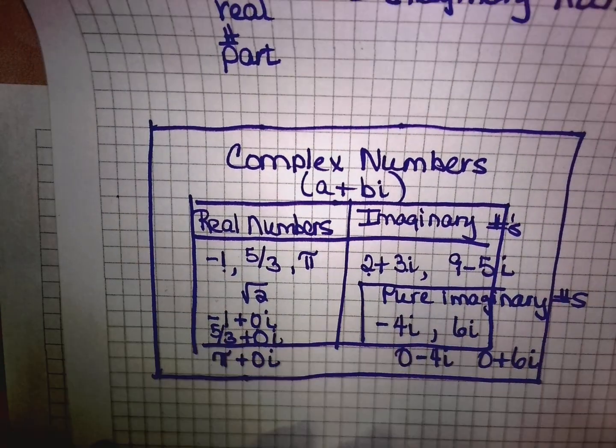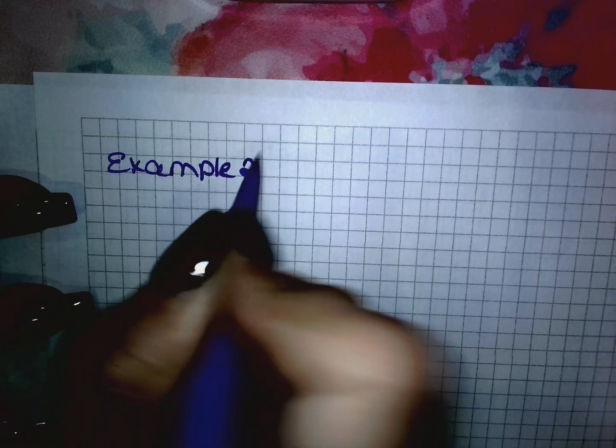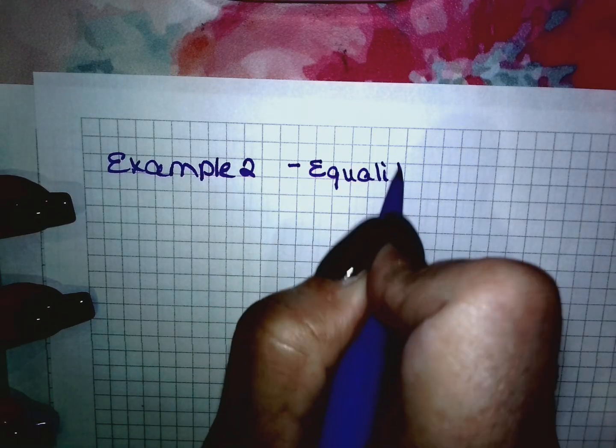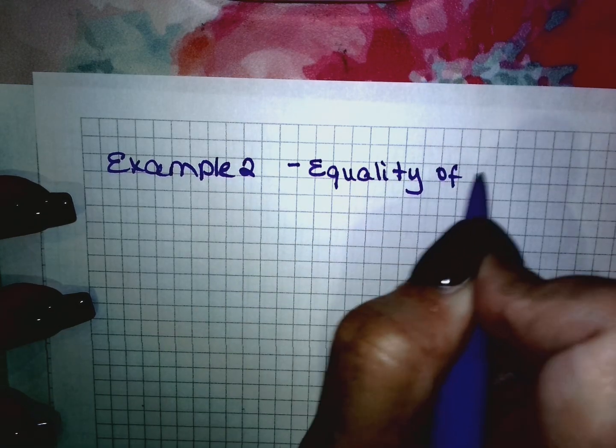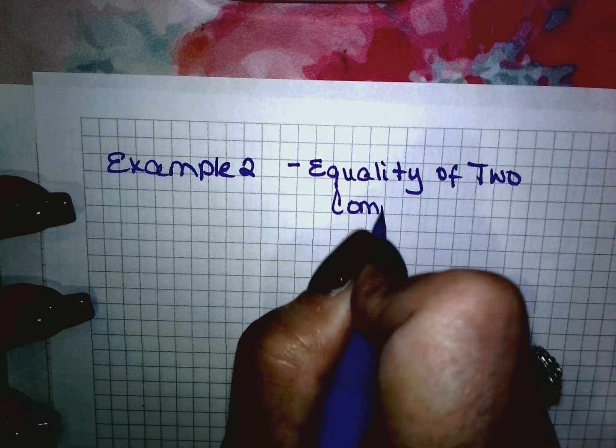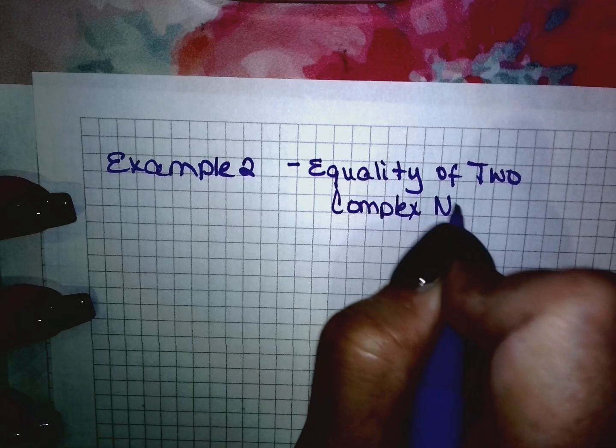All right, let's move on to example 2. If I tell you that two complex numbers are equal, this is what I mean. Equality of two complex numbers.